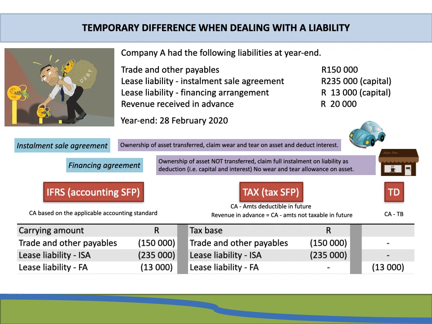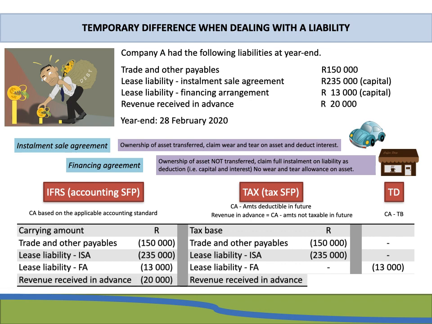So when we're dealing with revenue received in advance, we have 20,000 Rand. And our tax base for revenue received in advance, we start off with a carrying amount of 20,000, and then we need to deduct amounts not taxable in future. No portion of this would be taxable in future because it's already been taxed now.